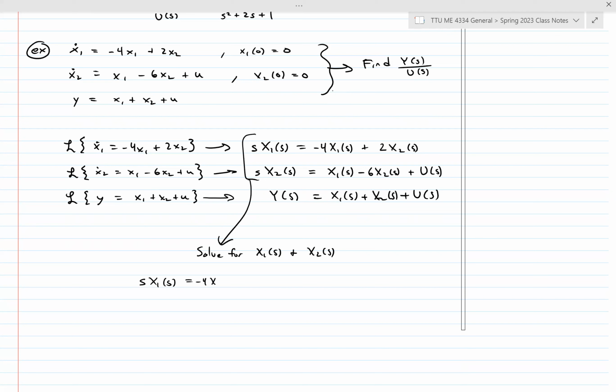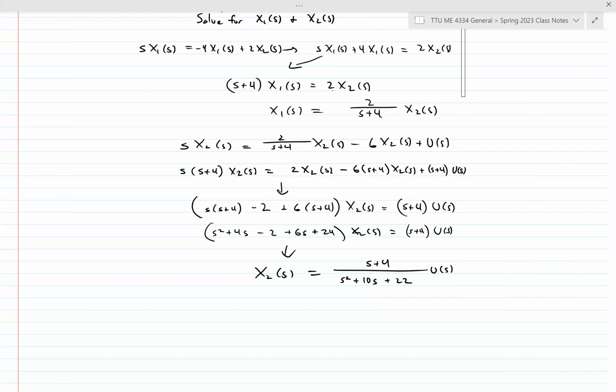Right, and this is like 8th grade stuff, 9th grade stuff, right? And we can solve for X2 of s in terms of U of s and s's and the numbers themselves, right? We get what? s squared plus 10s plus 22. Is that right? That looks right. Okay.